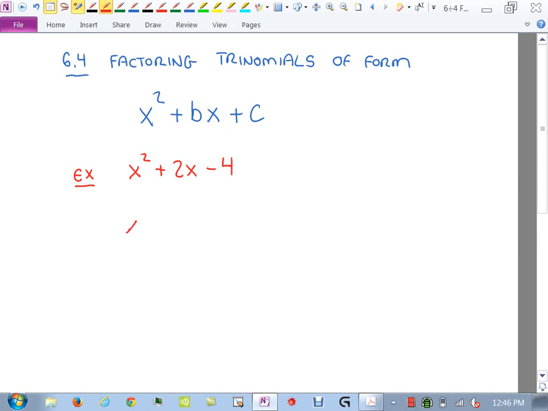Here's another one, x squared minus 5x plus 4. Here's another one, x squared plus 3x plus 2, x squared minus 5x plus 6.